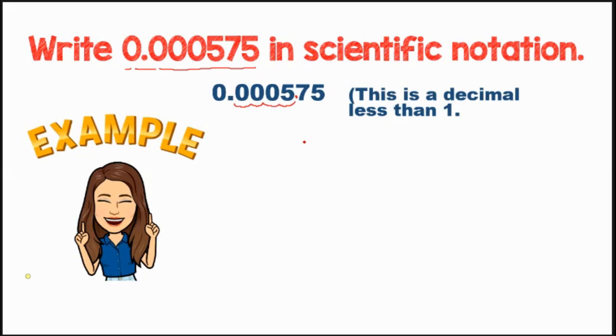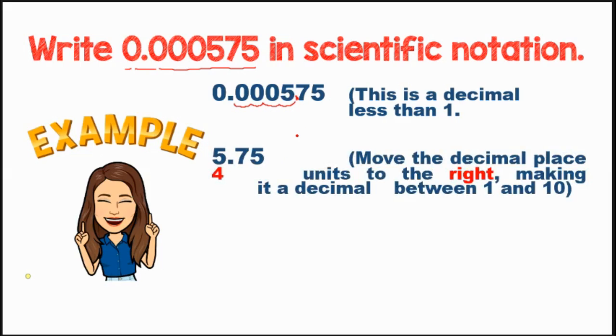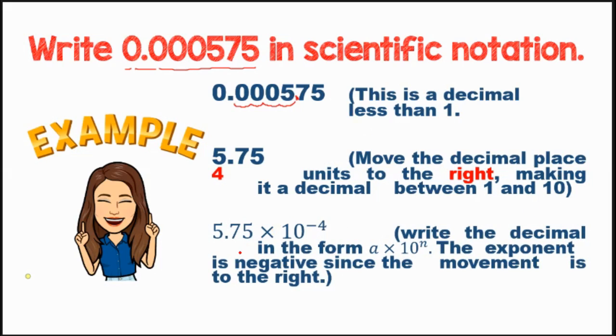So since 5.75 is already between 1 and 10, we have to move 4 decimal places. So we have 5.75, move the decimal place 4 units to the right, making it a decimal between 1 and 10. After that, let's write the exponent. It is the number of times that you move to the right. And the sign is negative since the movement is to the right. Okay?